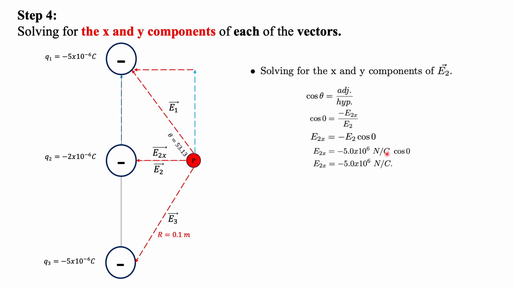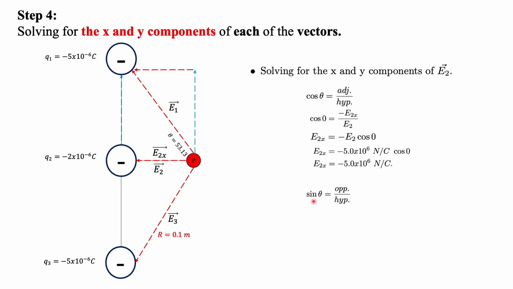Now for the y component, without solving, it's very apparent that there is no y component because, as I've said, the vector itself lies along the x-axis. But for the sake of mathematics, let's do the y component. So for the y component, we take the sine. Sine theta is equal to opposite over hypotenuse. And once you are sure that one component is cosine, automatically the other component will be sine.